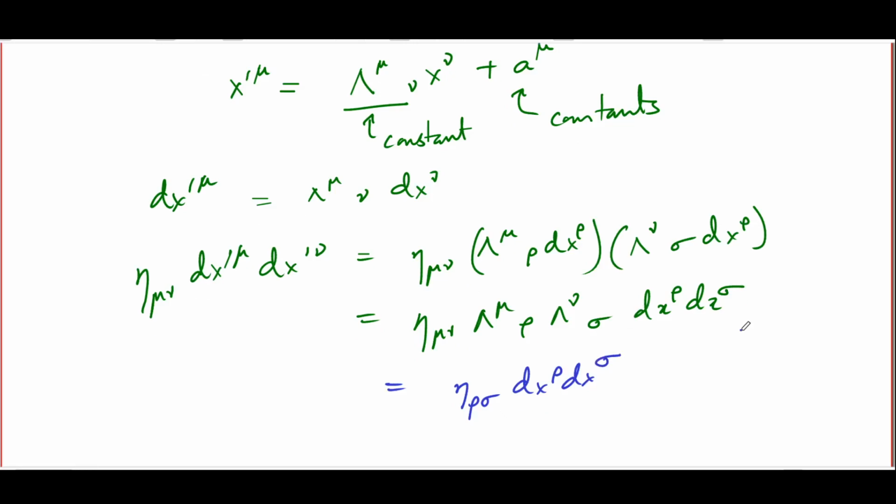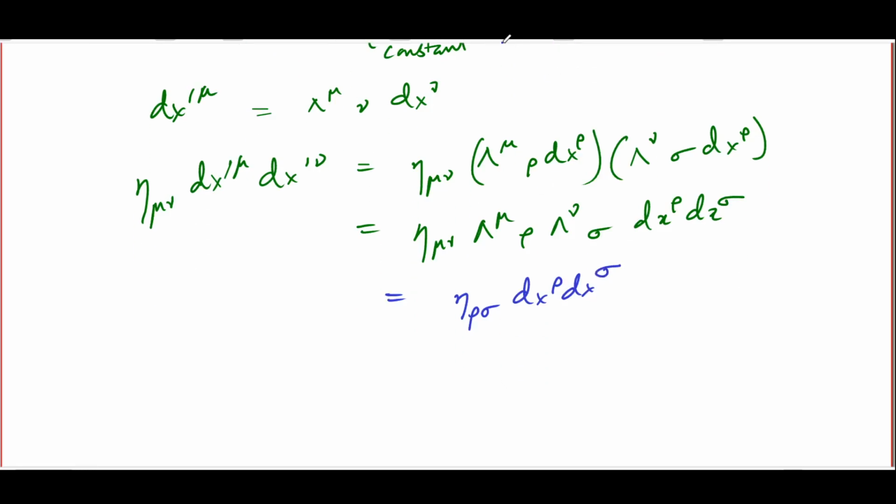So a quick comparison should tell you that we have this condition: eta mu nu lambda mu rho lambda nu sigma equals eta rho sigma.